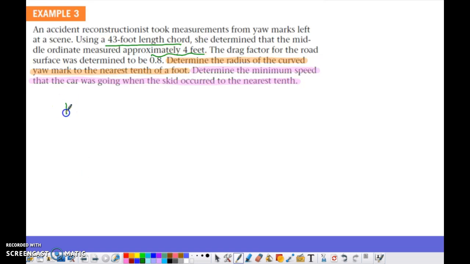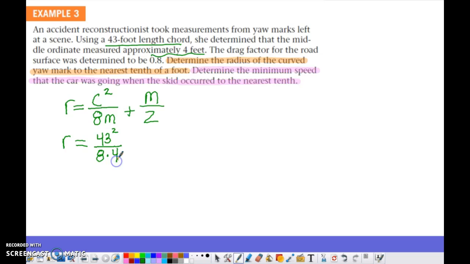So again, I'm just going to write that radius formula for you. R equals c squared over 8m plus m over 2. So if we just plug in what they give us, they tell us that the chord length is 43 feet. So I'd have 43 squared over 8 times m, which is the length of my middle ordinate, which here is 4 feet.